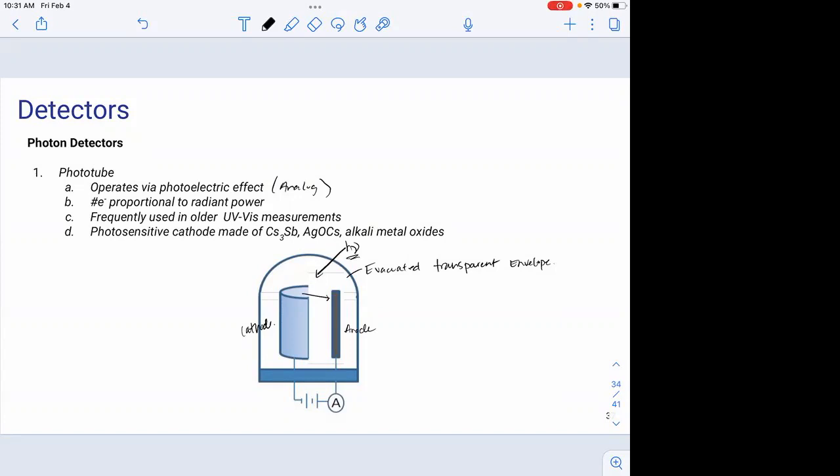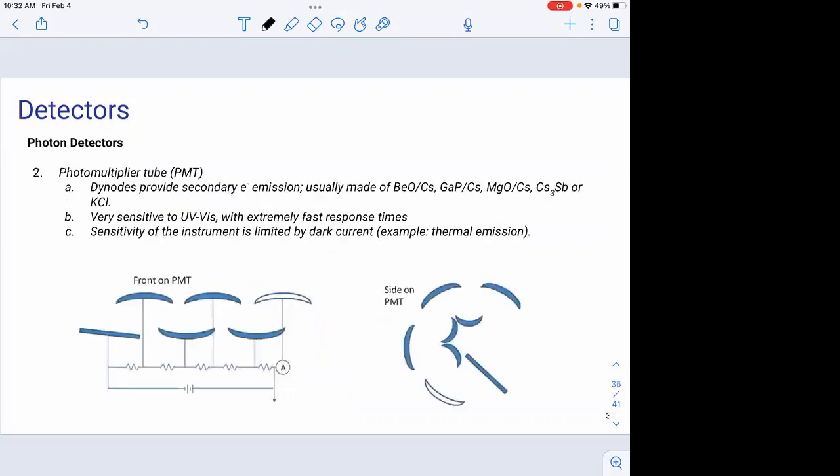The con is that you have some pretty significant dark current from thermally induced emission of electrons from the photosensitive cathode, so you've got some noise, which is not great. You do want to make sure you're holding the bias difference between your cathode and anode at pretty high voltage so that you are in a saturation range where any incident photon will produce a proportional current across those two electrodes as that electron moves across. All right, so that's a photon detector, pretty straightforward.